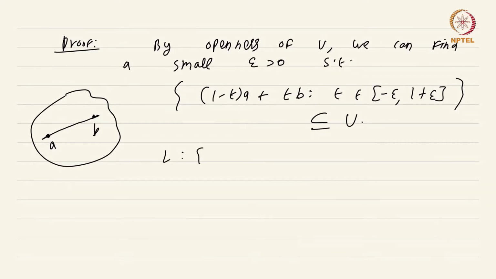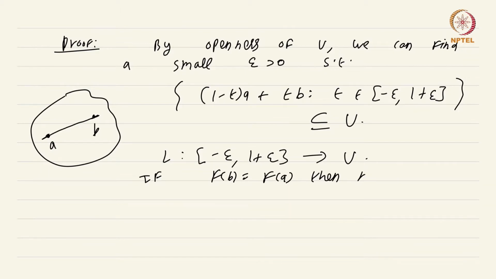So we can view this function L from (minus epsilon, 1 plus epsilon) to U. There is still no issue. It will still map into U. It will not take it outside U. Okay. So if f of b equal to f of a, we are done. Nothing to prove. So that takes care of the trivial case. Okay.